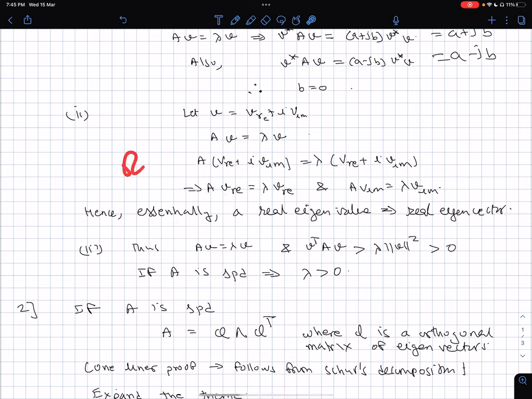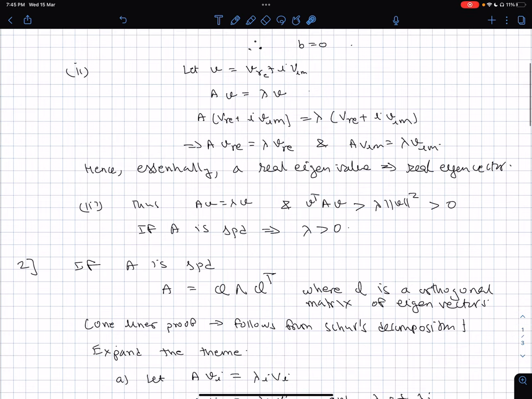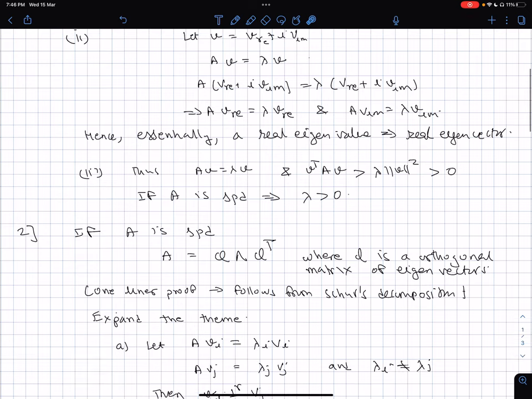That is, it is coming from Rn and not from Cn. Of course, Rn can be considered as a subset of Cn, but that is a different thing; it is essentially Rn and does not require any complex vector to be represented. So we have reached this nice feature that a real eigenvalue implies a real eigenvector.